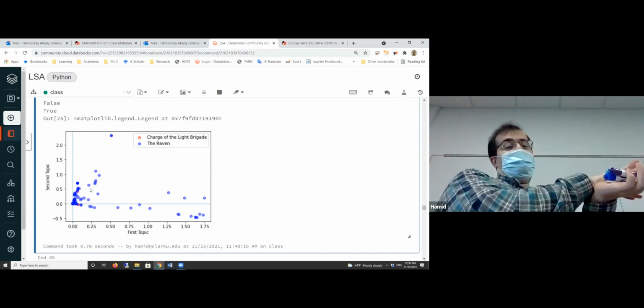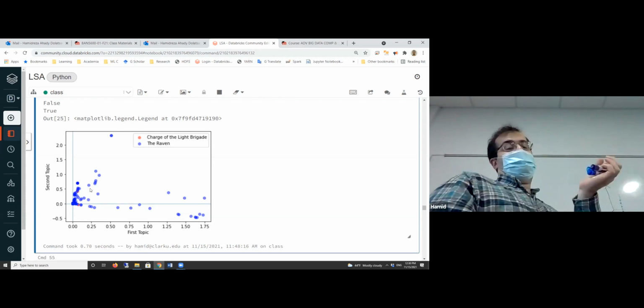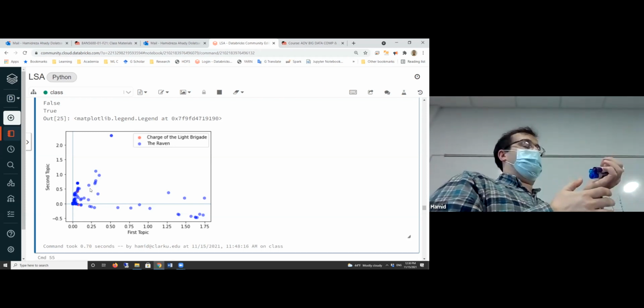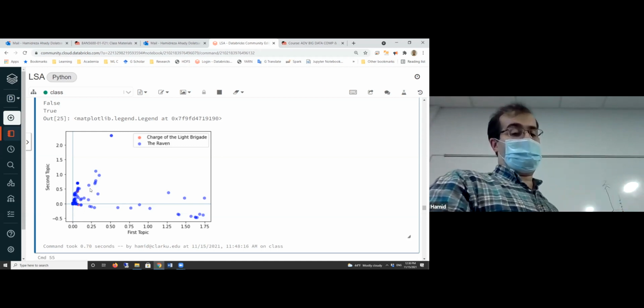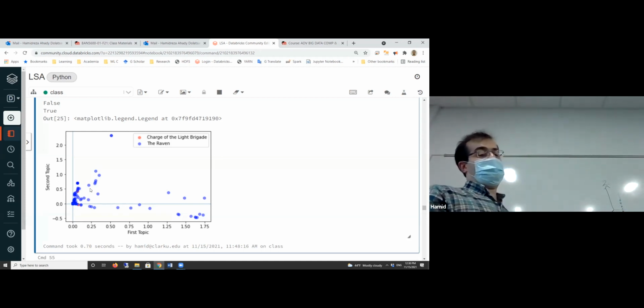It's even very hard to see those red points, which look orange to me. I'm not sure if I have color blindness, but it doesn't look that red to me. But it seems the two topics overlap so much that you cannot see any red circle.